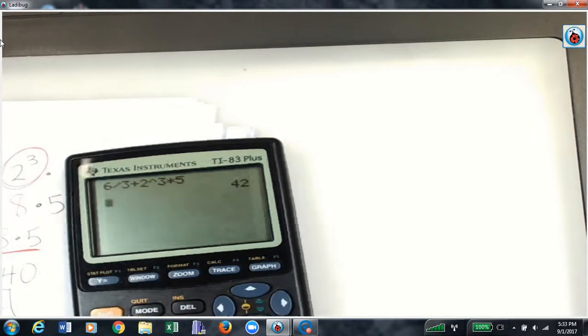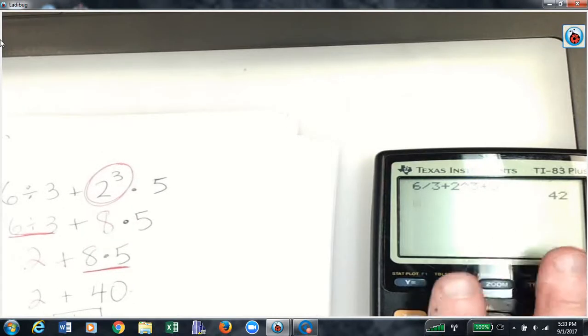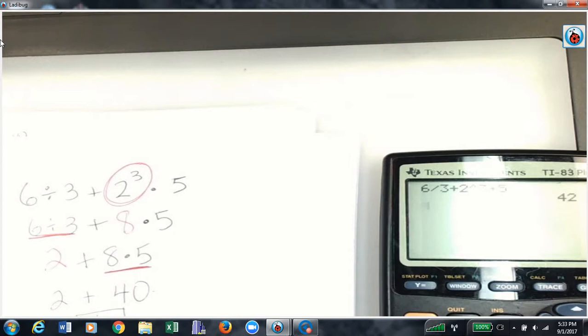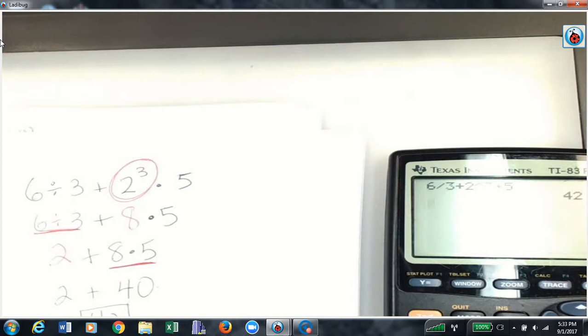Now, why would we want to do this by hand instead of using the calculator? Well, because if it's all numbers, we can use the calculator, but what if it's 6 divided by 3x plus 2x all cubed times 5? You can't do that in a calculator.